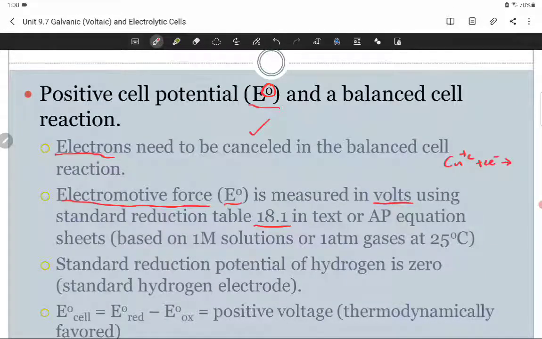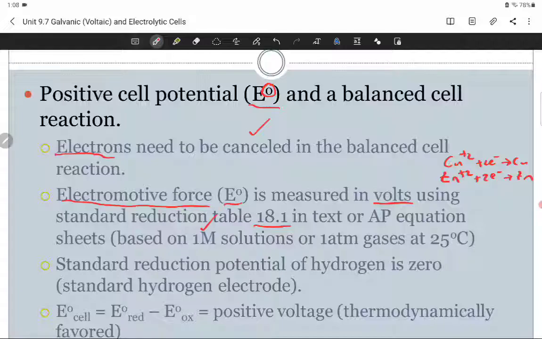So here is a reduction half reaction. Here's a zinc half reaction, and they're all written as reductions. Now, in any particular chemical reaction, one item will be reduced, the other item will be oxidized. So one of these in the table will always have to be flipped to make it look like an oxidation.